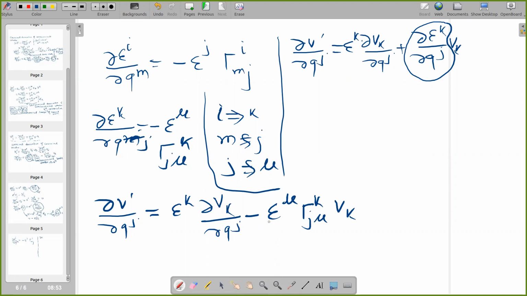Now, in the right hand side, in the second term we see mu and mu, they are dummy indices. K and K are also dummy indices. These dummy indices can be interchanged without altering the result. So, mu to K and K to mu.